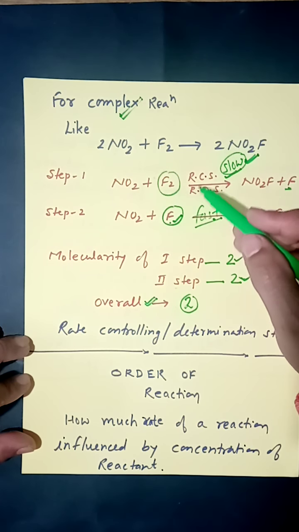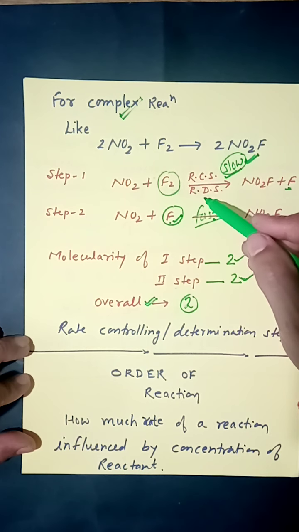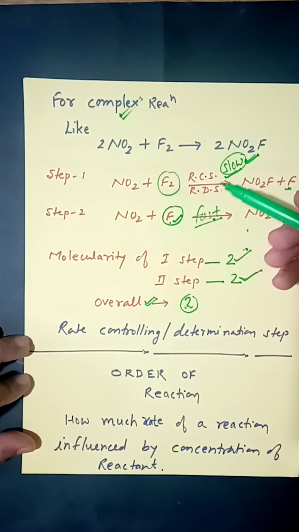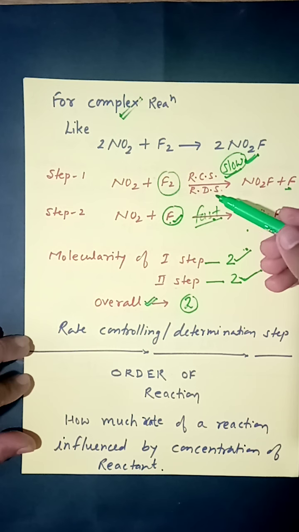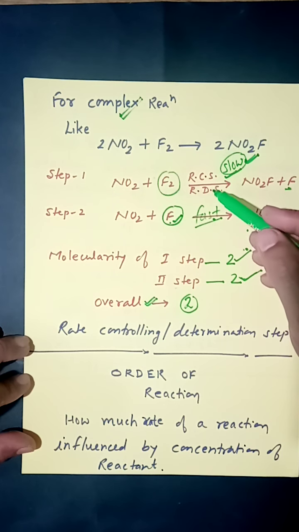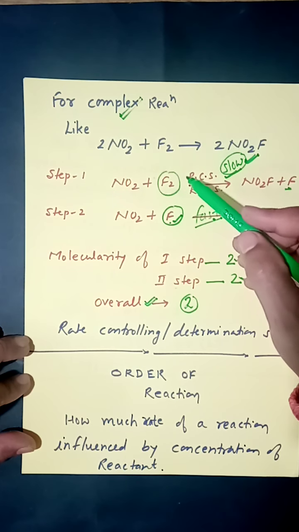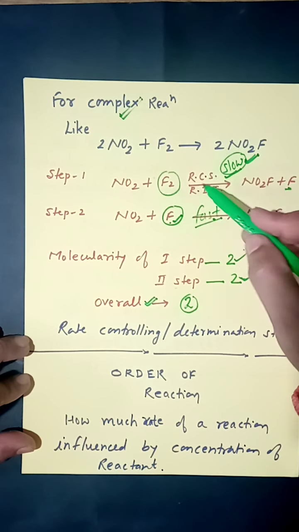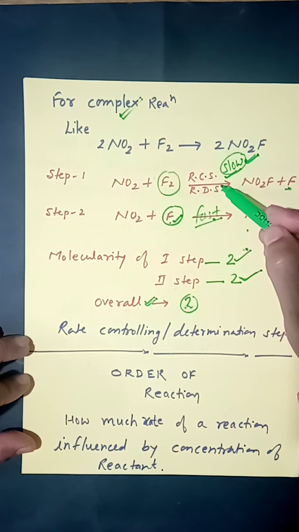In most questions you will be told which is the slowest step, so there is no need to predict it. But for a few reactions which appear in our syllabus again and again, like this reaction, you have to remember its mechanism, as well as that the first step is the slow step and the rate controlling step.